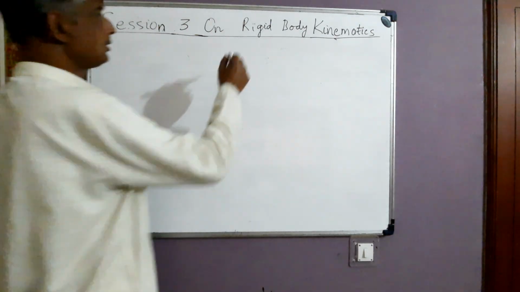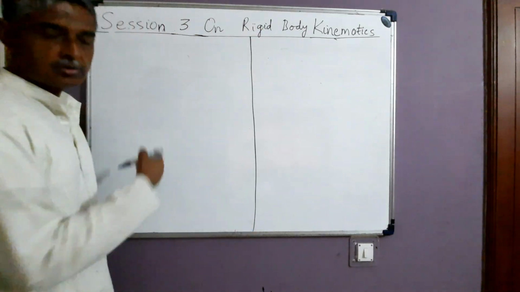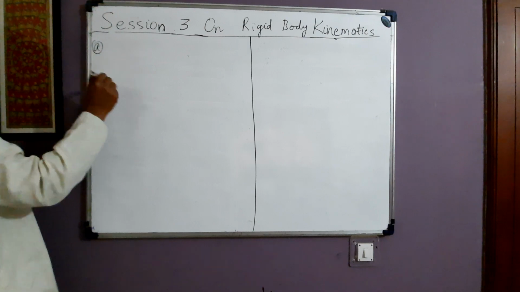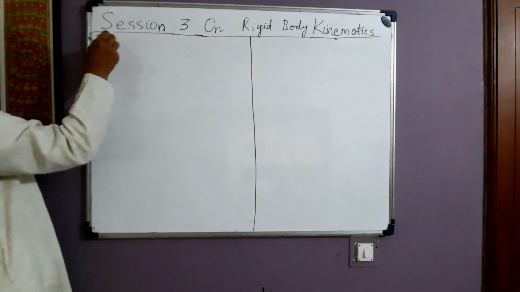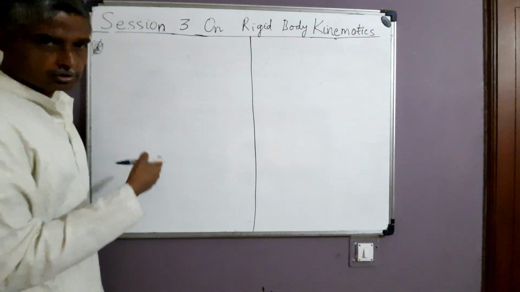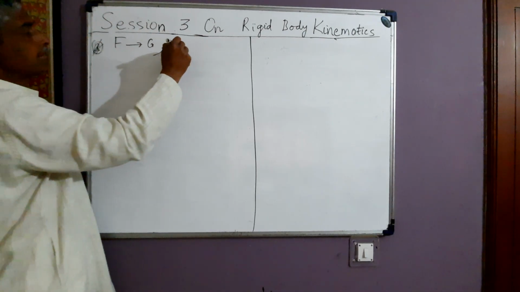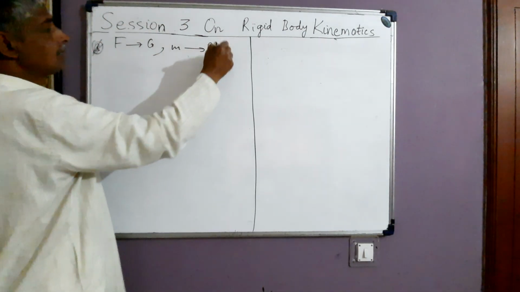I'll draw each of them one by one. There will be 4 subparts on this second question. Note that in all these 4 subparts, instead of F frame we have the ground frame, and instead of M frame we have the rod frame.